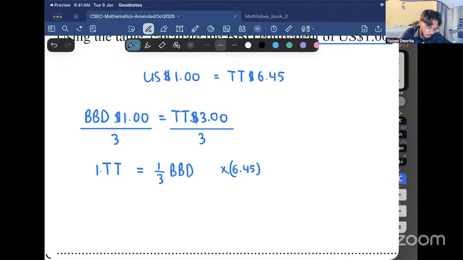If you multiply 1 TT dollar by 6.45, what will happen? What is 1 by 6.45? 6.45, sir. Exactly. And we're gonna multiply the a third by 6.45, and that should give us our answer. So what's 1 over 3 by 6.45?